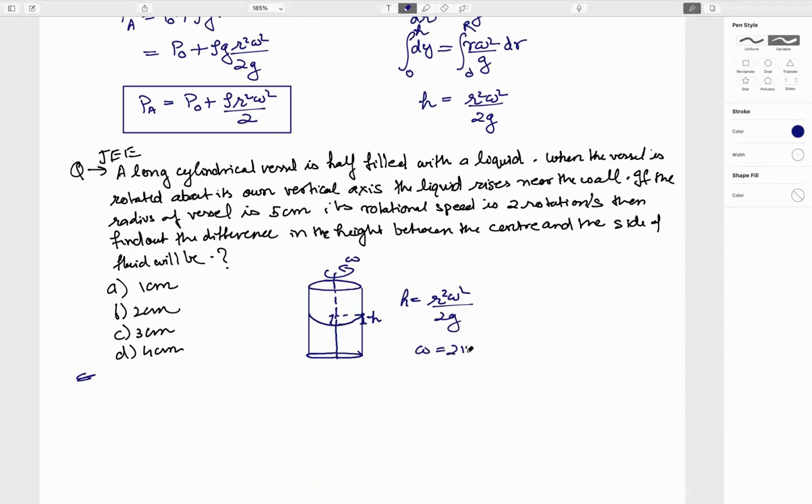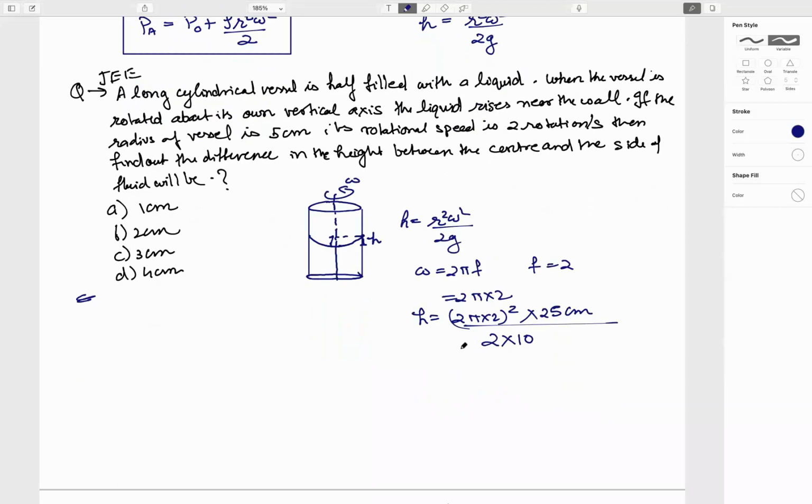Omega is equal to 2 pi f. f is given, that is 2 rotations per second, so that is 2 pi into 2. So h comes out to be (2 pi into 2) squared into radius, which is 5 centimeter. We want the final answer in centimeter, so we will not change the units. That is 25 centimeter divided by 2 into 10.